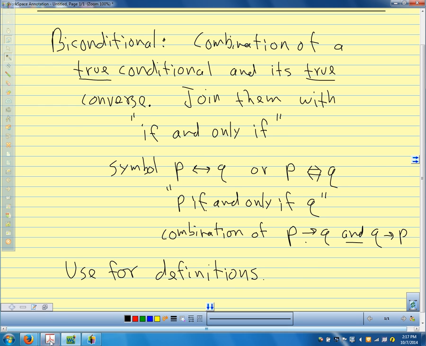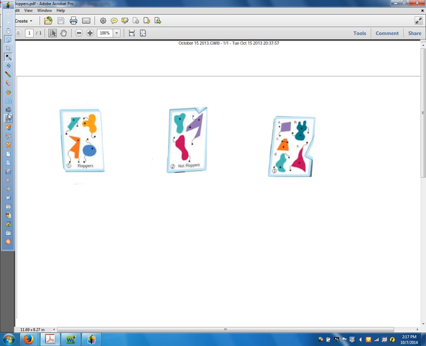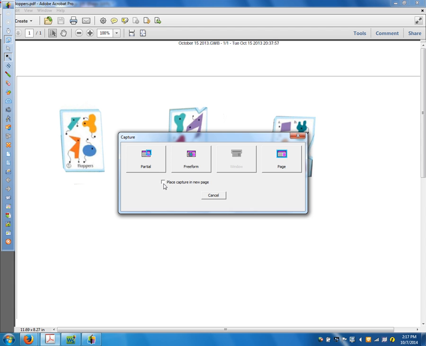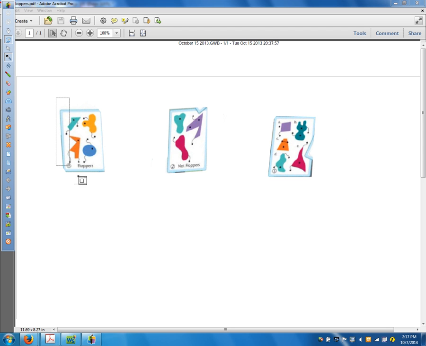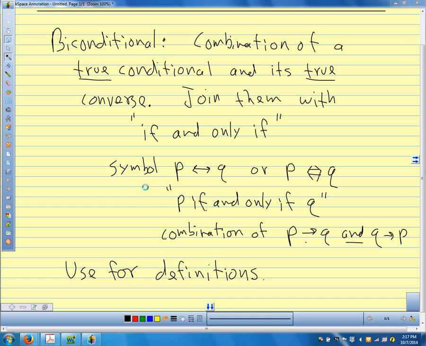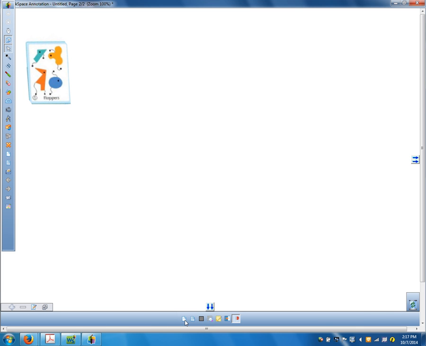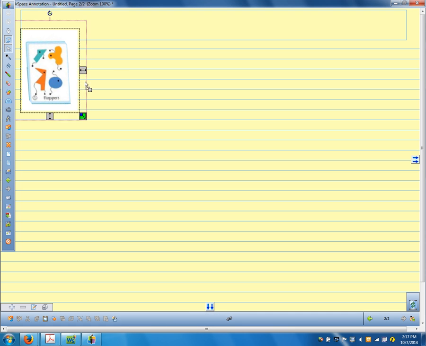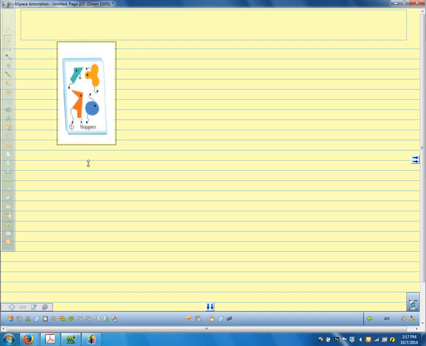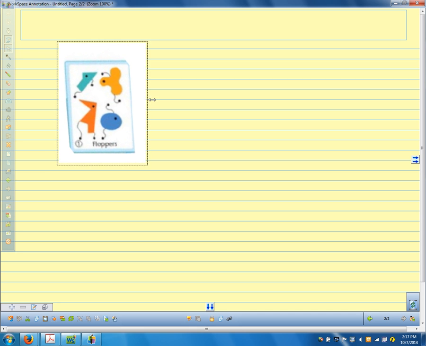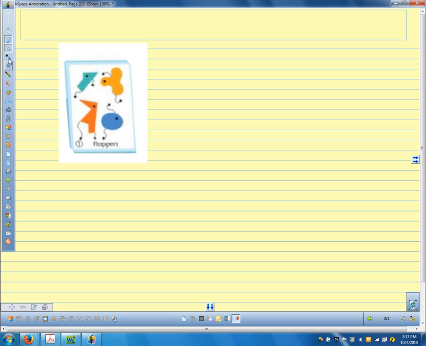All right, let me grab these pictures. I know when we magnify them they get a little bit blurry, so bear with me on this one. But I like this activity, and I'm going to make this a little bigger. This is a picture of things called floppers, and we want to figure out what a flopper is.